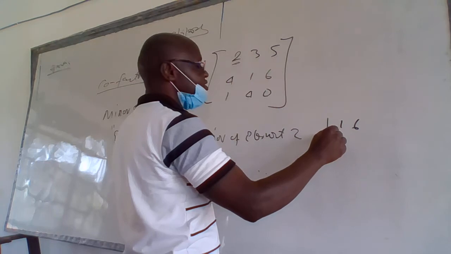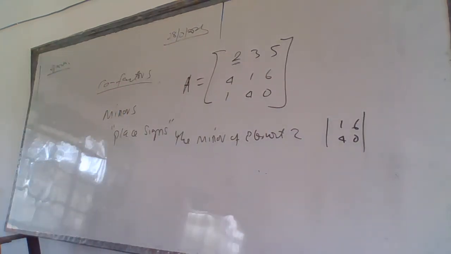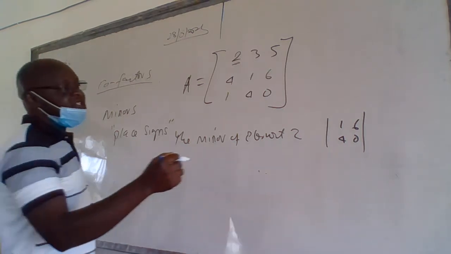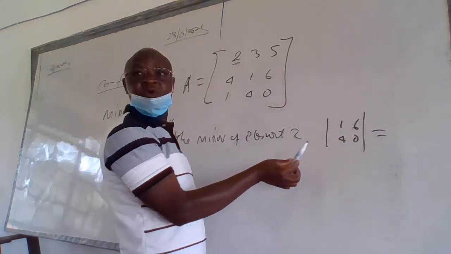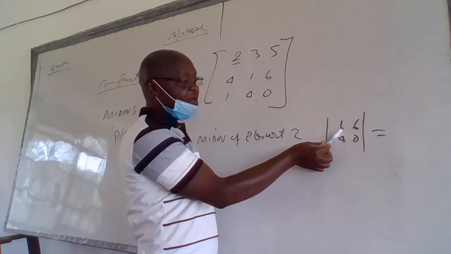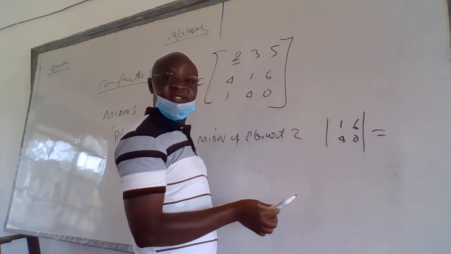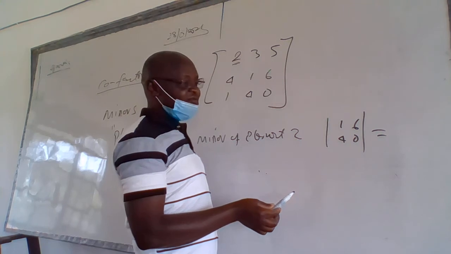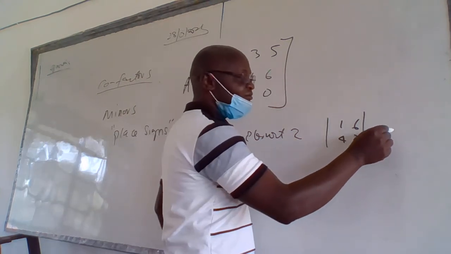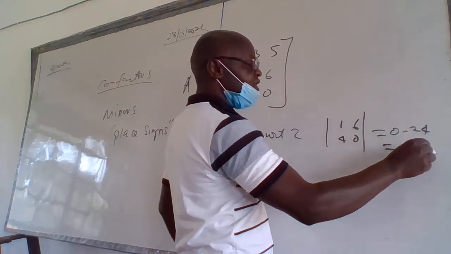So that is the minor of element 2, which equals what? You take 0 times 1, which is 0, minus 4 times 6. So you have 0 minus 24, which equals negative 24.